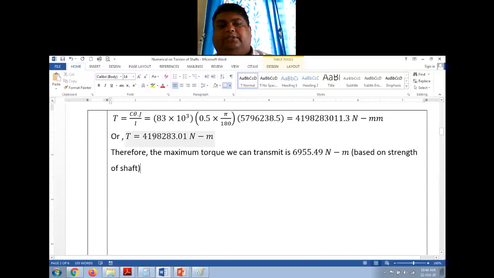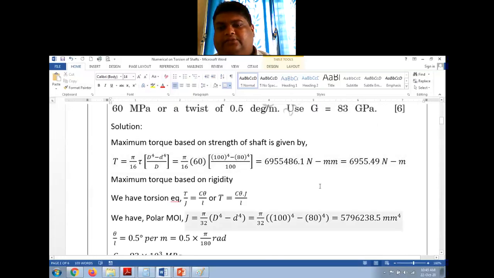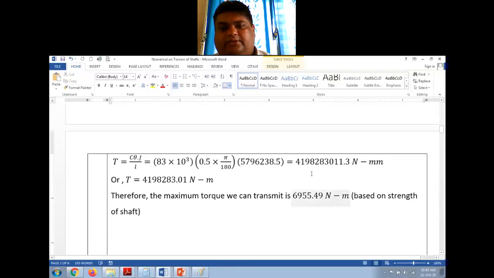Based on rigidity, the torque is more. I cannot use that value, right? If you get this as less than what you got from the strength, this value, then we could have done that. But here, this value is very large as compared to this. Okay, so this is the solution to this.